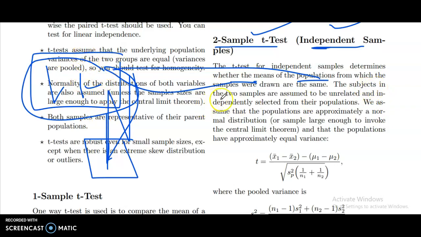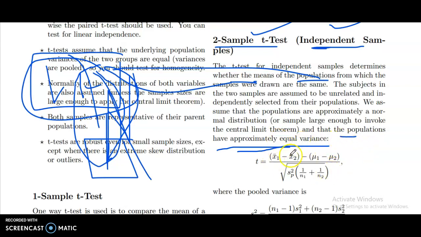The subjects in the two samples are assumed to be unrelated and independently selected from their populations. We assume that the populations are approximately normally distributed, or the samples are large enough to invoke the central limit theorem, and that the populations have approximately equal variance.